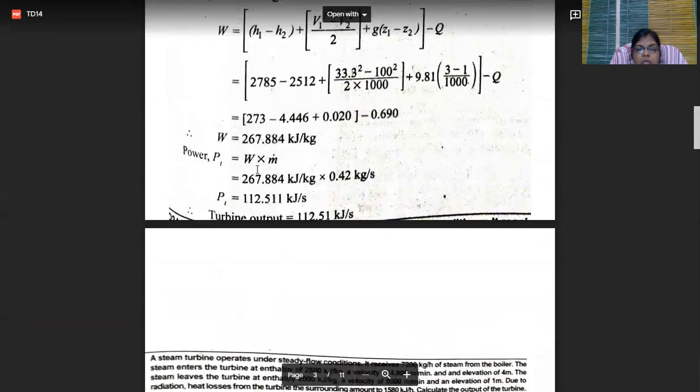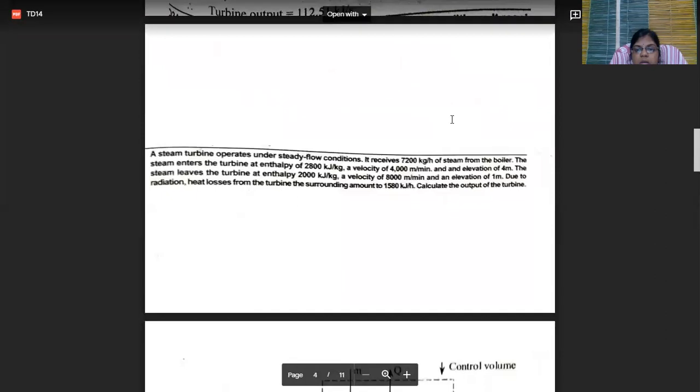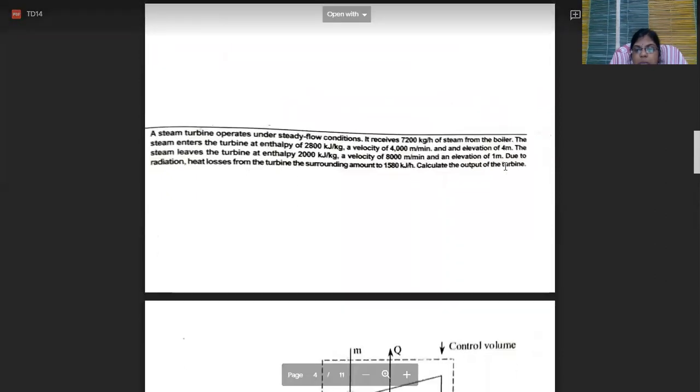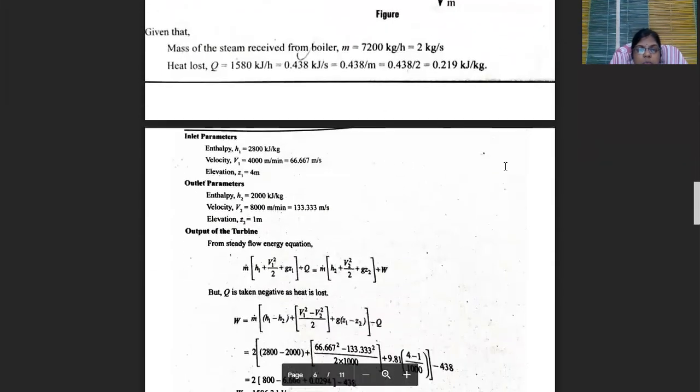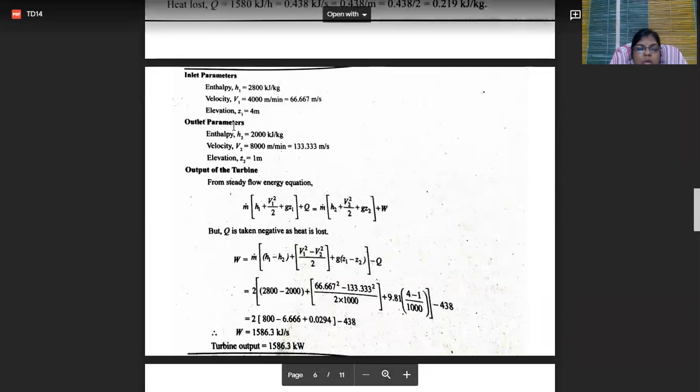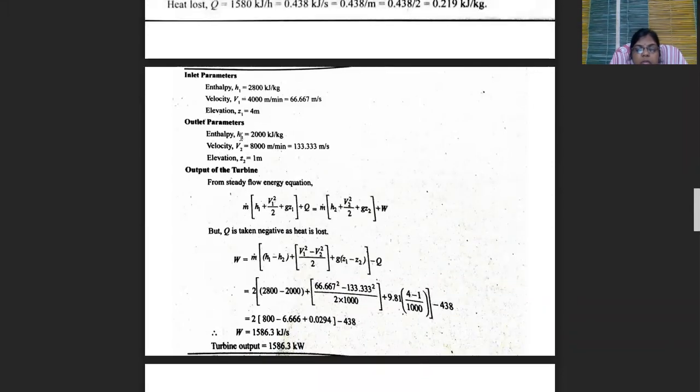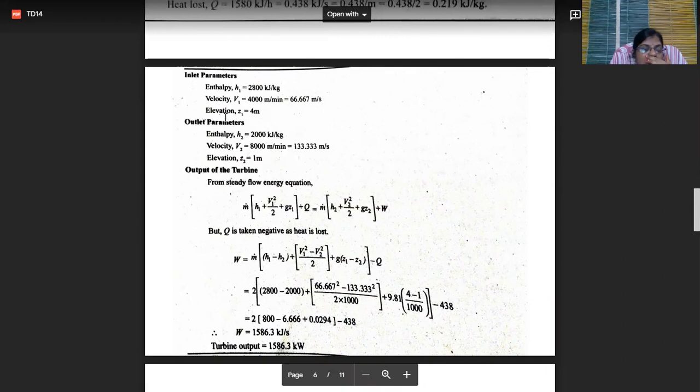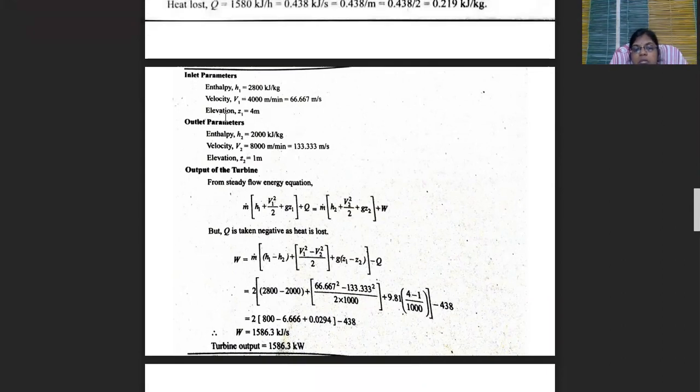This is the elevation of the inlet of the turbine. And for the outlet of the turbine, h2 is equal to 2000 kilojoule per kg, velocity V2 is equal to 8000 meter per minute, and elevation Z2 is equal to 1 meter. So those are all the inlet and outlet parameters.